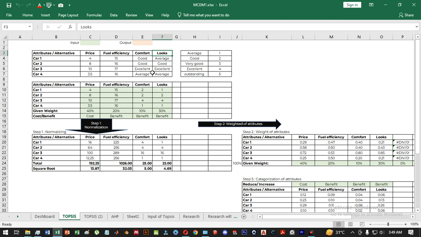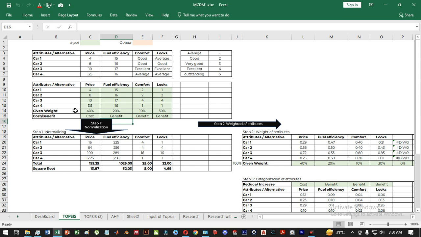So in order to do that, we use a standard method, where average is 1, good is 2, and very good is 3, and so on. After giving these values to the linguistic properties, we get this.